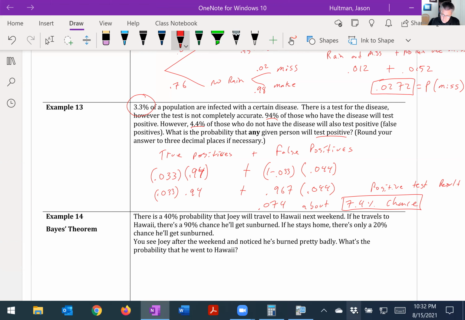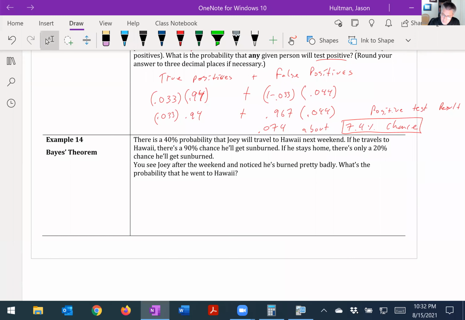Okay, so let's do one last problem here. Bayes' theorem. I don't think we're going to cover the theorem in depth, but I'll show you the theorem real quick.